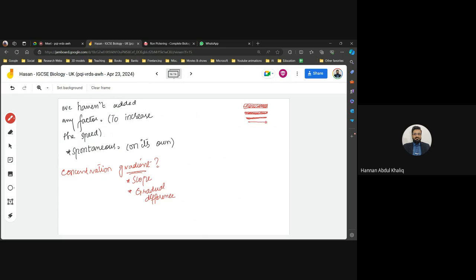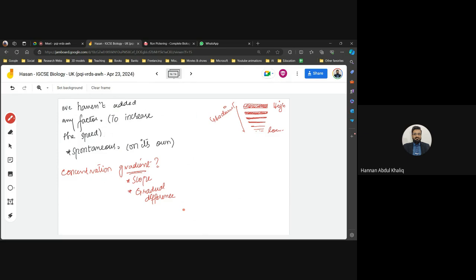Then below that, more, more, and then ultimately the red color finishes. Now you would say this is a gradient, a gradual difference from higher to lower, high intensity to low intensity. That is the gradient.